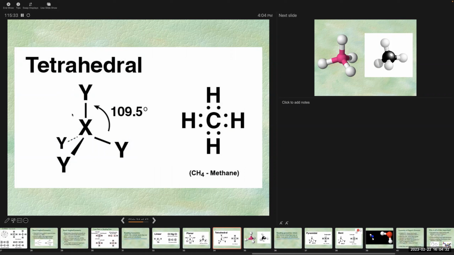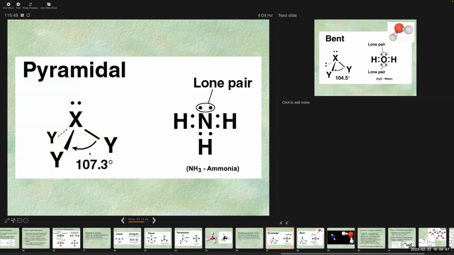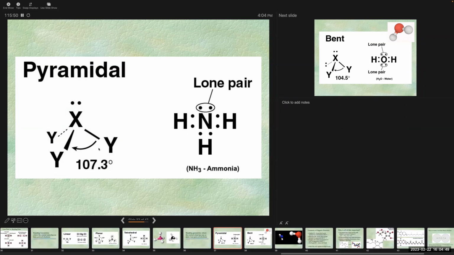And remember that the bond angles in a tetrahedron are all equal angles of 109.5. So every pair of Ys is separated from one another by an angle of 109.5. When we jump ahead to our pyramidal model, all of the Ys are separated from one another by a little bit smaller angle, 107.3 degrees.